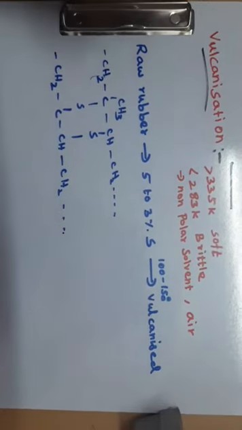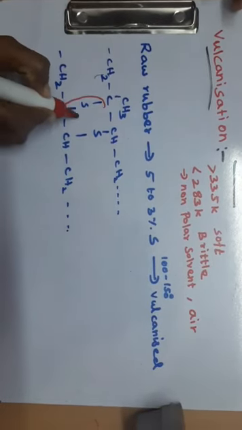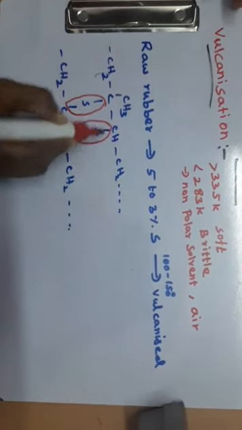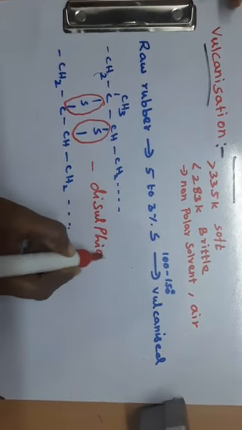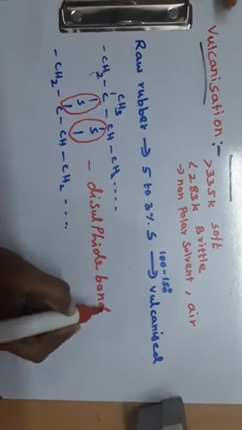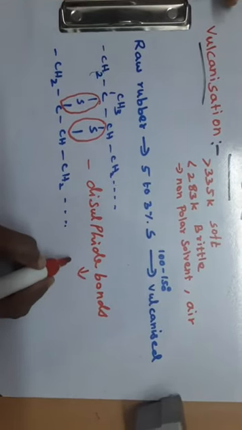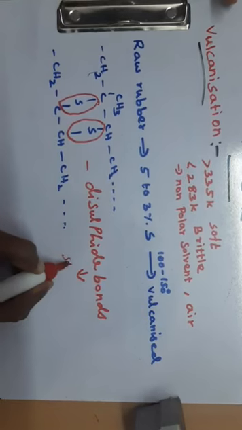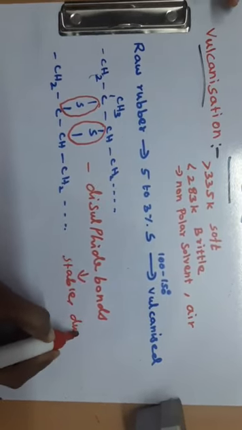Okay, so these are disulfide bonds. These bonds make the raw rubber become stable and durable.